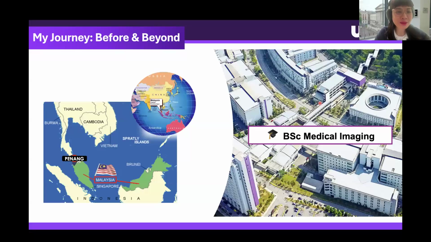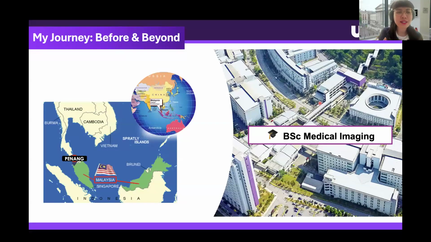Okay, so my background, this is where my journey started before I came to UCL for my MSc. I completed my bachelor degree in medical imaging at a public university in Malaysia. And that was when I first realized that medical images are more than just pictures. At the beginning, I just saw scans as shades of black, white, and gray on the screen.